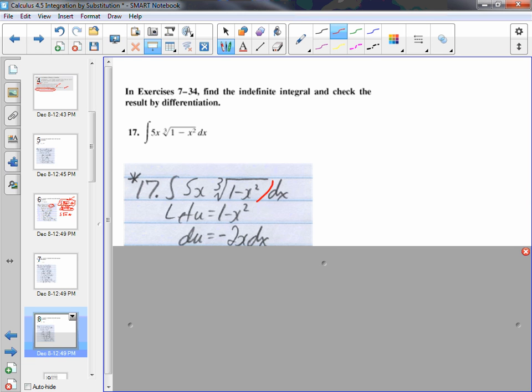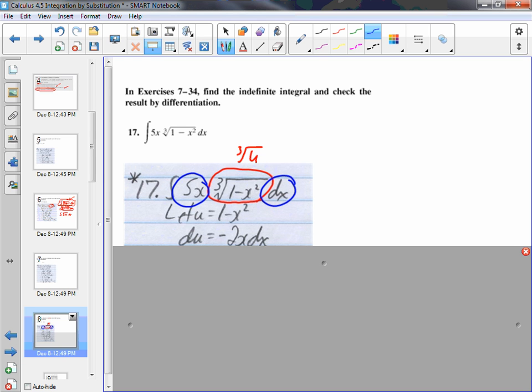This can be rewritten as the cube root of u, but I need to be able to replace 5x dx as well. And I'm really close. I have negative 2x dx instead of 5x dx.